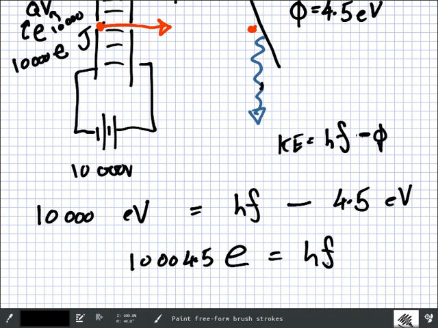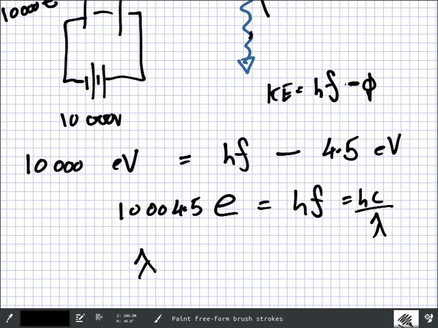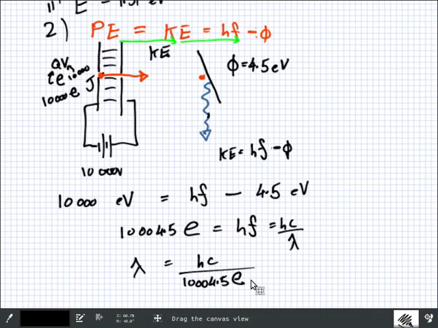Now I don't want the f, I want the lambda, so that's equal to hc over lambda. So I can say lambda is hc over 10,004.5 eV. Okay, let's see what the lambda is.